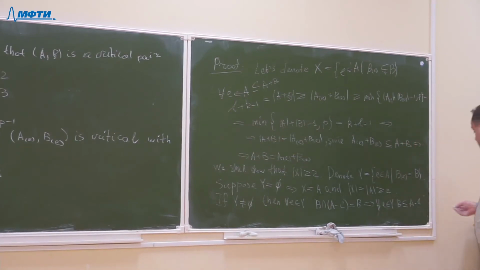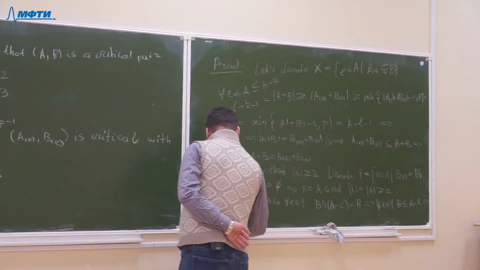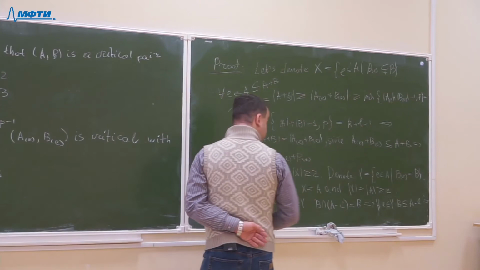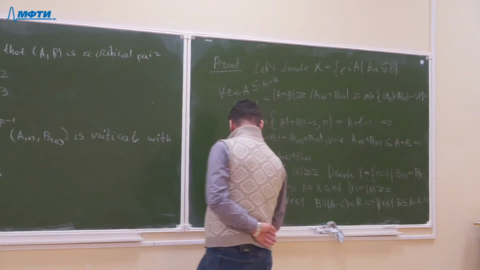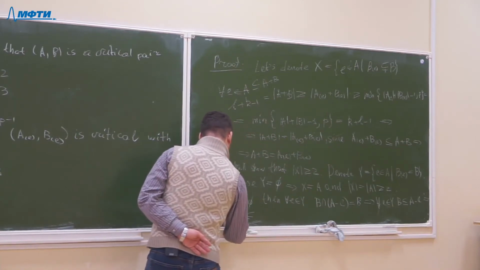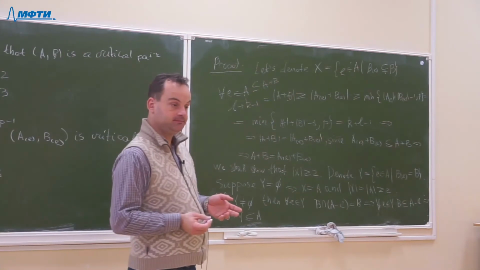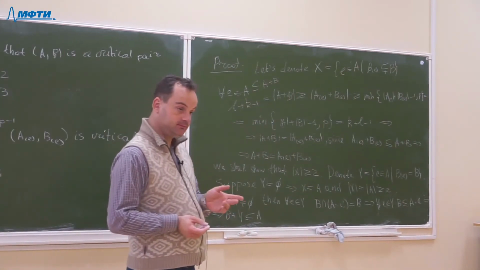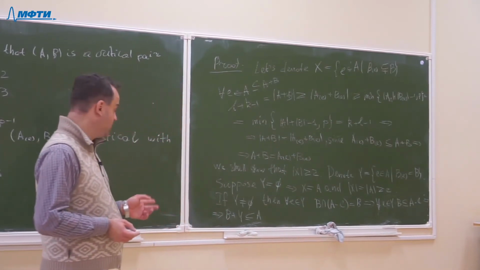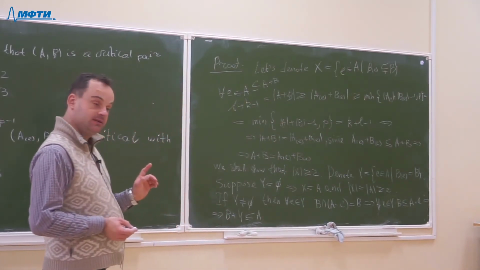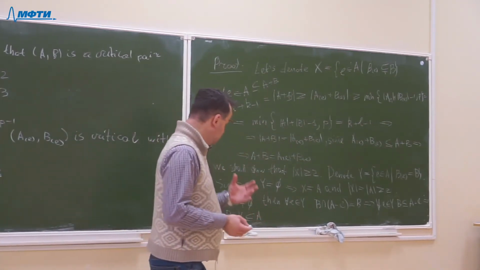Which means that A plus Y is a subset of A, B plus Y, right? Well, B plus Y is a subset of A, which means that B plus Y contains at most K elements.